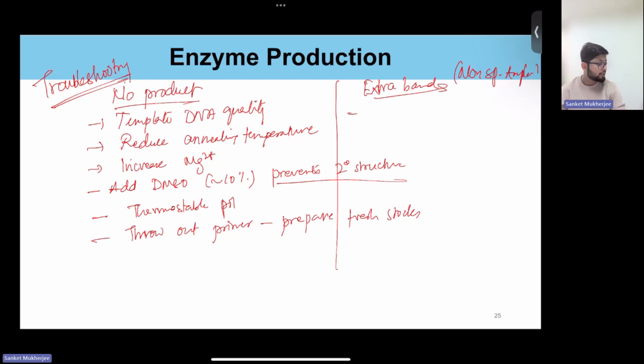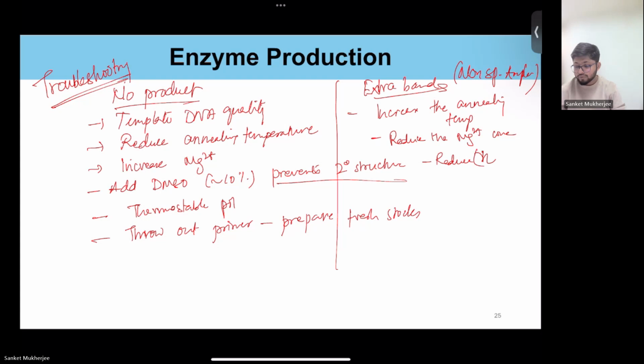Here what you do, you increase the annealing temperature, reduce the magnesium ion concentration, reduce the number of cycles, or you can again go for a different enzyme.